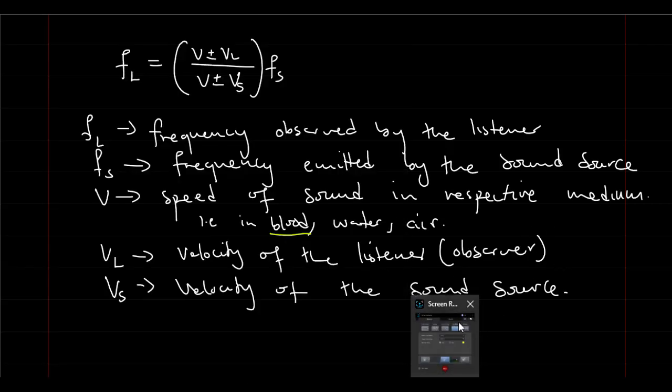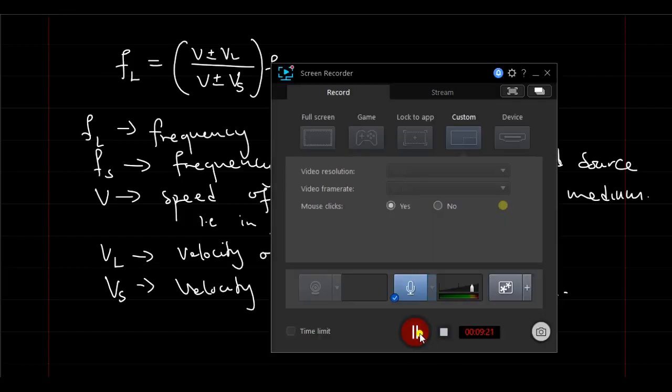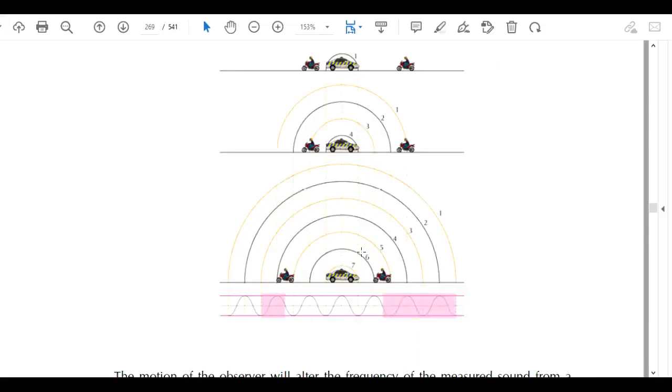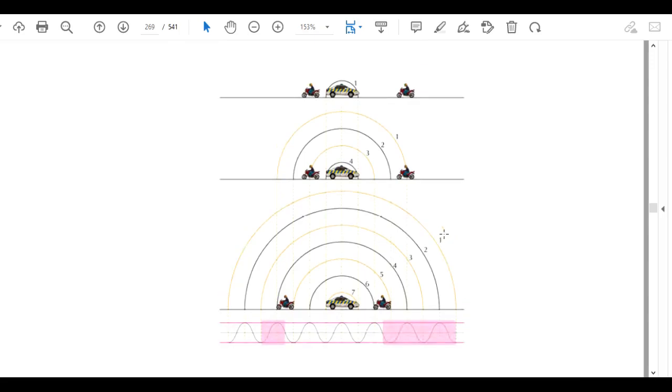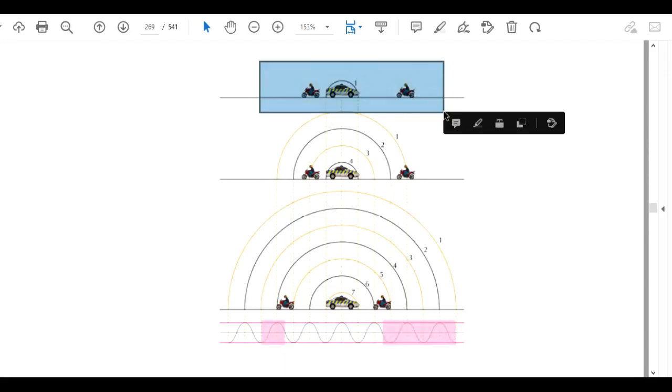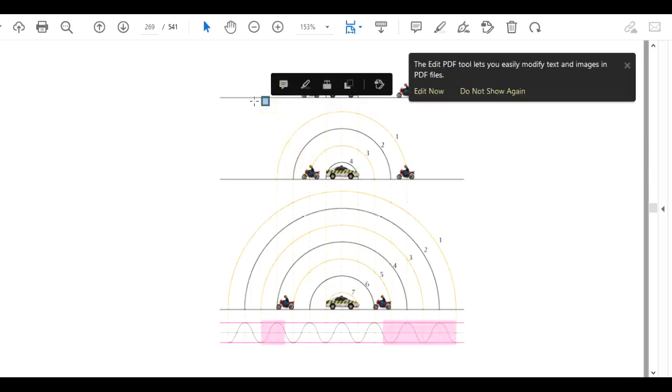So I will refer to a textbook that anyone can access, Siyavula, written by volunteers. Okay, here's the scenario. If you look at this scenario, you will see that we have a source here.